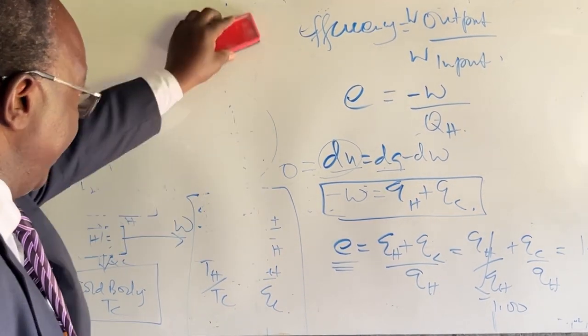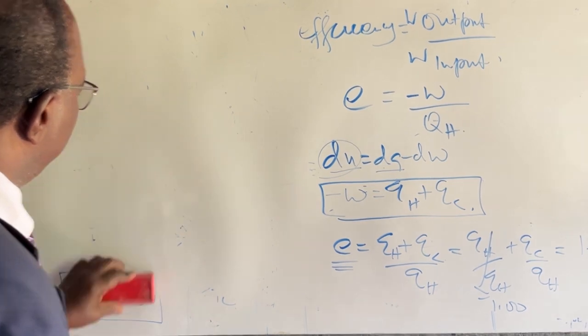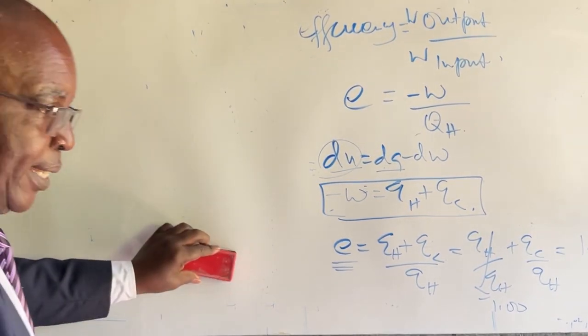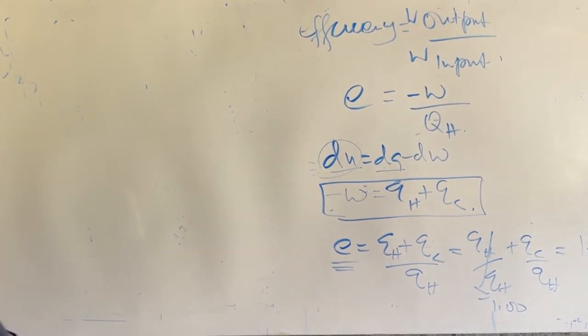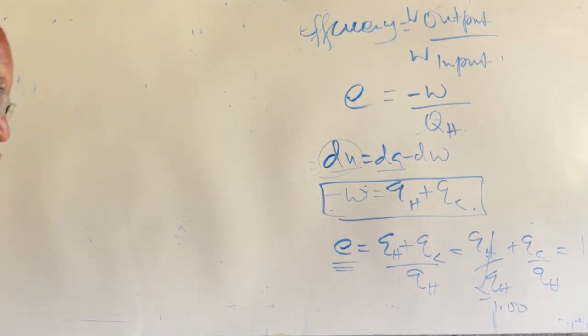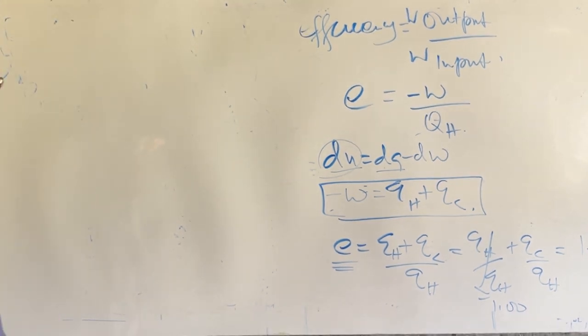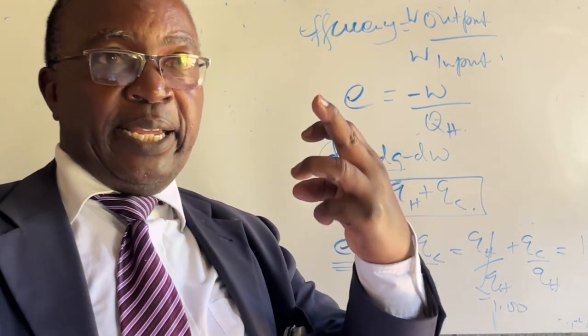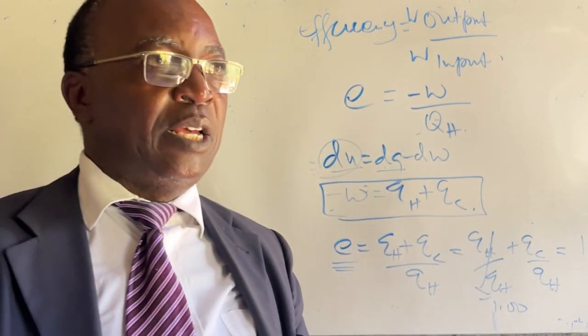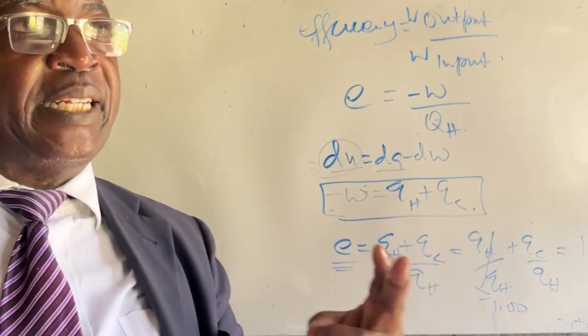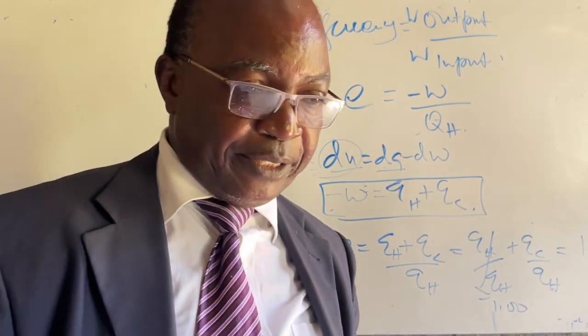Now, there are limitations with this Carnot cycle for the heat engine, in the sense that, one, when we are dealing with the expansions in pistons and so forth, like we talked about PV expansions, where we have the piston. Remember, one of the assumptions we made about the piston was that it had no mass, it was massless. We assumed that it was perfectly fitting in the piston cylinder.